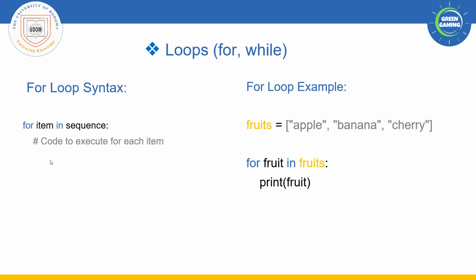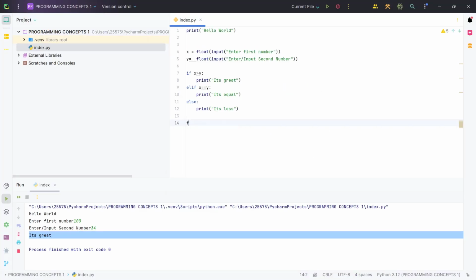So we can check this like this. Or maybe I can say I have numbers: 1, 2, 3, 4, 5, 6, 7, 11, 45, 67. I can loop over these numbers. How?